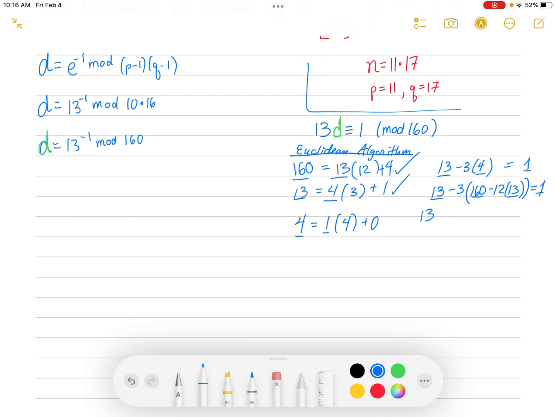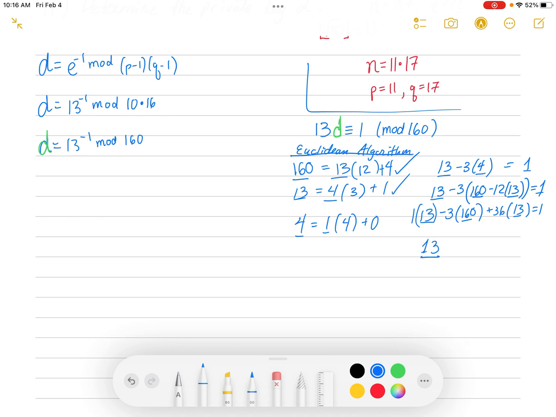All that's equal to 1. So cleaning that up, I got 13 minus 3 times 160. Negative 3 times negative 12 is positive 36. Times 13 equals 1. Remember, this 13 in front has a 1 in front of it, so that's going to be 37 times 13.